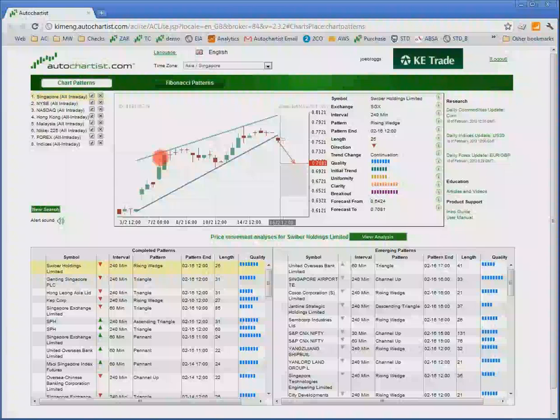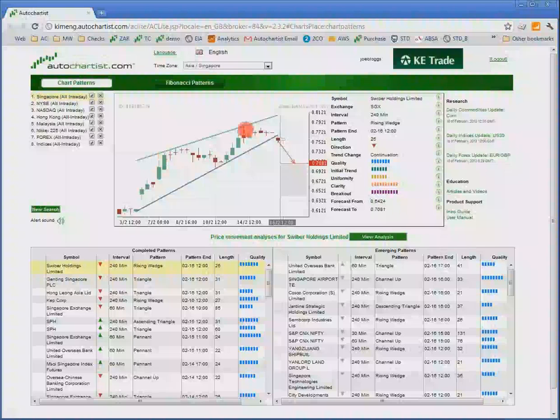The next touching point touches resistance, then support again, and then resistance again. So these 4 points really define the pattern for us, because with these 4 points we can determine the support and the resistance lines. We can calculate what the slopes of these 2 lines are, and we can give it a name.